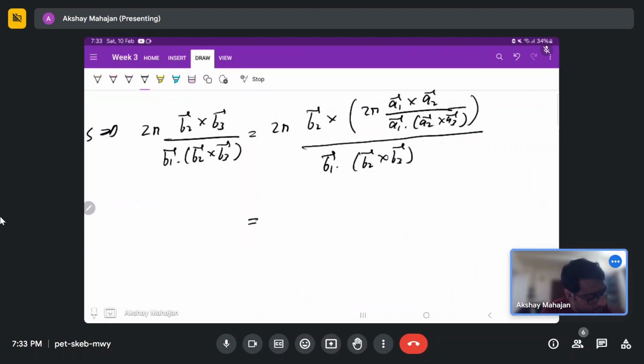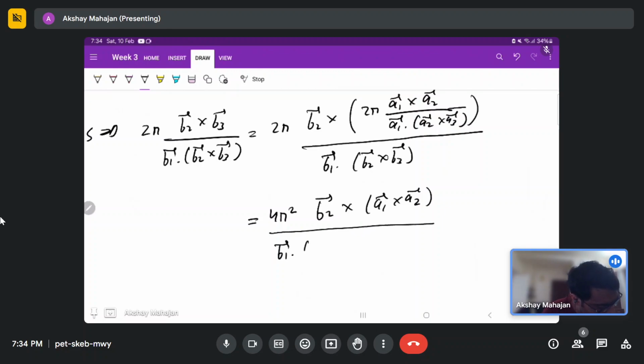So we will have 4 pi square, and I will have b2 vector cross a1 vector cross a2 vector divided by b1 vector dot b2 vector cross b3 vector and a1 vector dot a2 vector cross a3 vector.